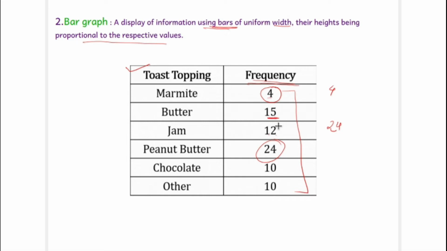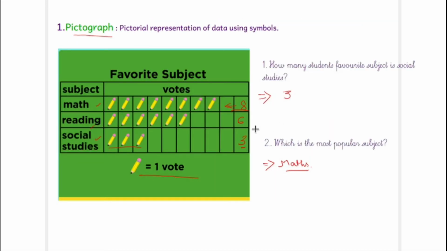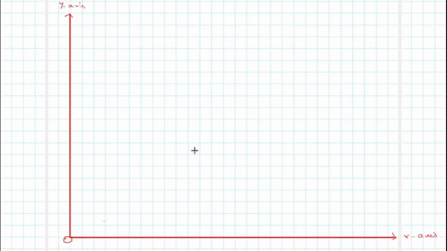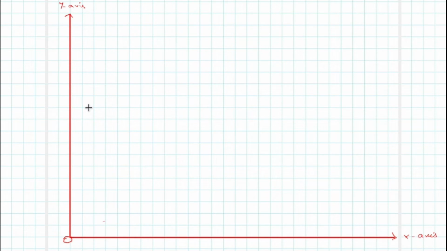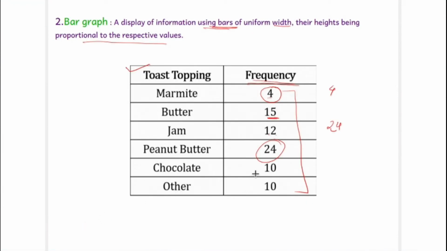Now how to take it in this y-axis. So first of all we have to make a scale over here to represent those frequencies. Now see, it is 4 and 24. That means above 24 we have to take the scale.